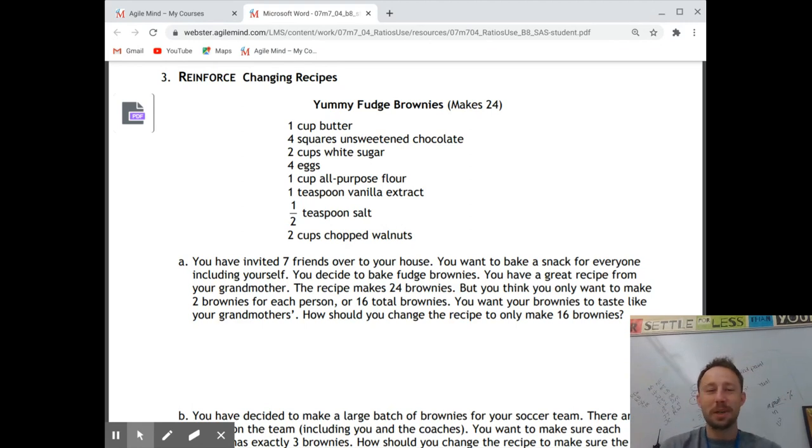But anyways, looking at this, think about if you're having family over, or this person's having 7 friends over. Their recipe is for 24 brownies, but they want to only make 16 brownies. So what could you do?